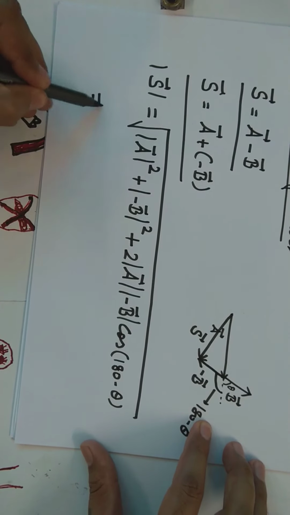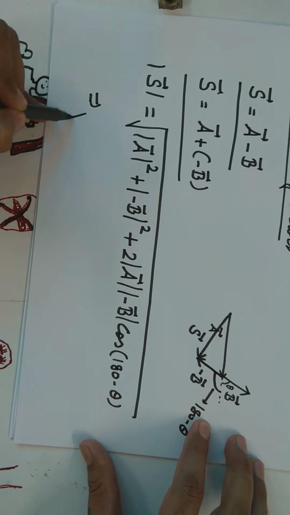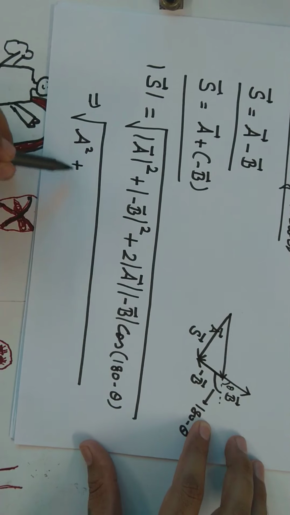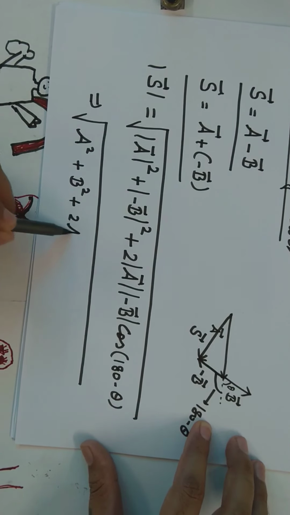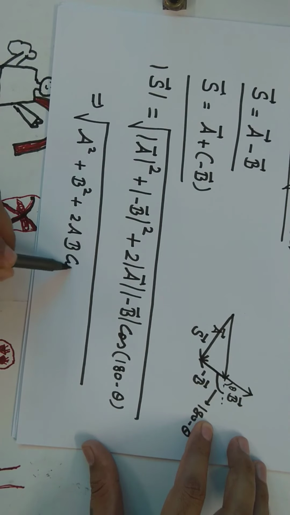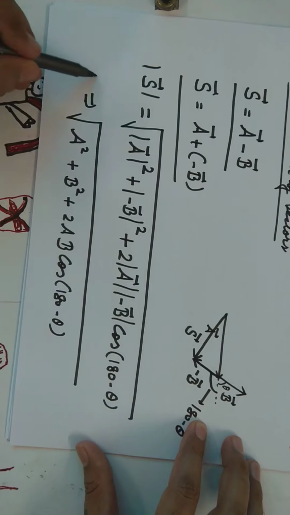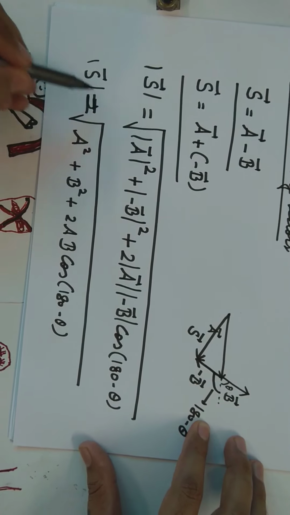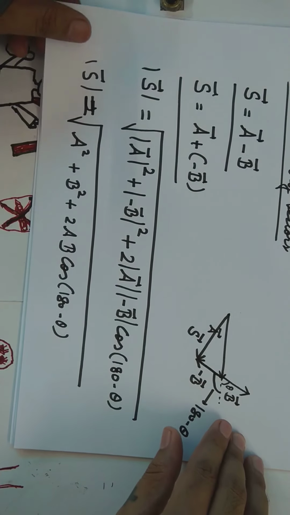Okay, now we solve it. As we know, in magnitude or modulus, negative sign becomes positive. We can simply write it as A square plus B square plus 2ab cos 180 minus theta. Okay, this is our magnitude of S. Now what is cos 180 minus theta?